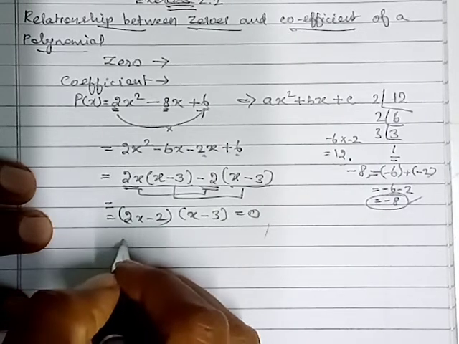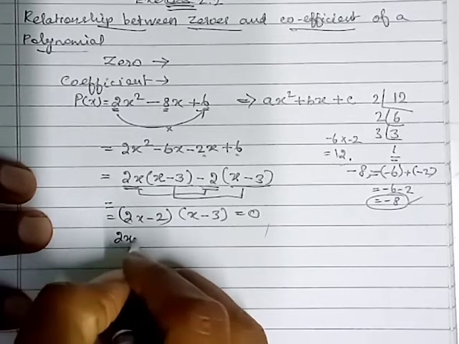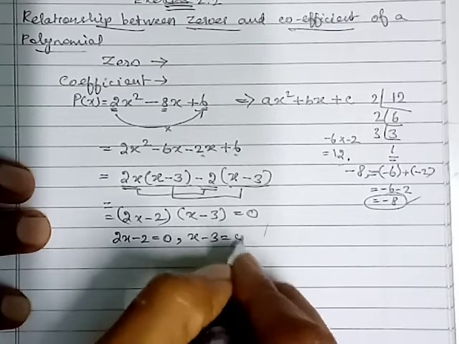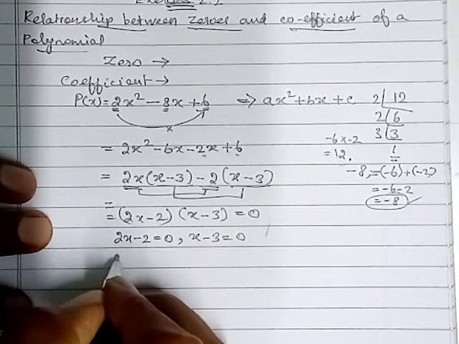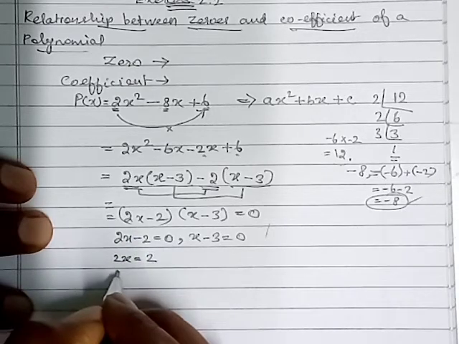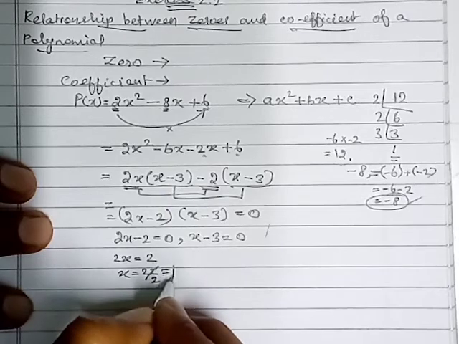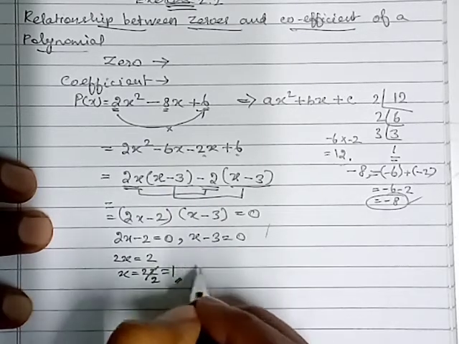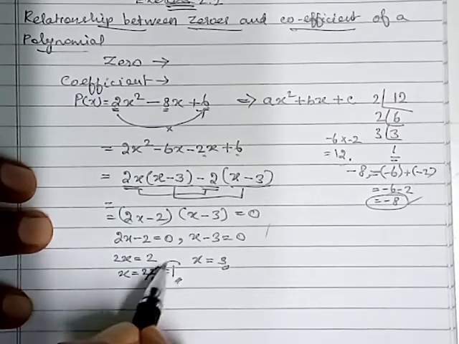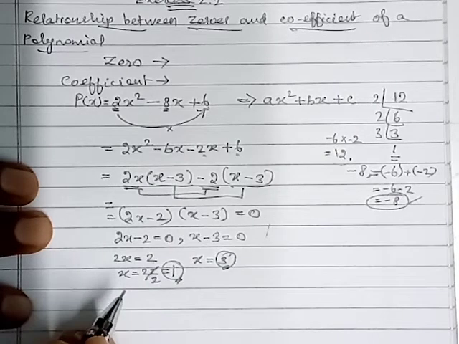So we can find the zeros of the polynomial. Here 2x minus 2 is equal to 0, and x minus 3 is equal to 0. So 2x equal to 2, x equal to 2 by 2, which is 1. This is one zero, and here x equal to 3 is the other zero, because it has two zeros, 1 and 3, right?